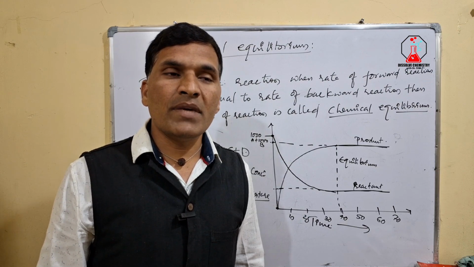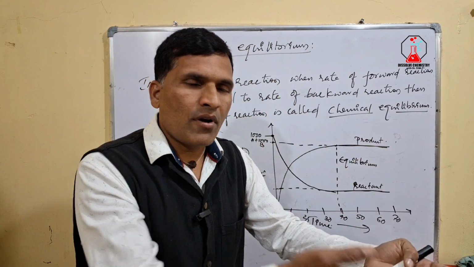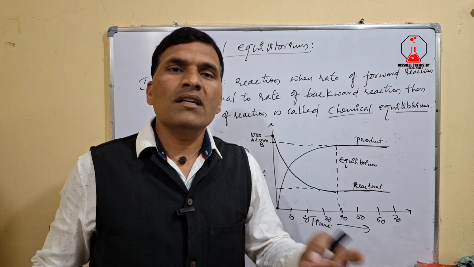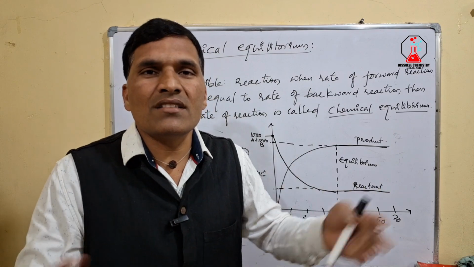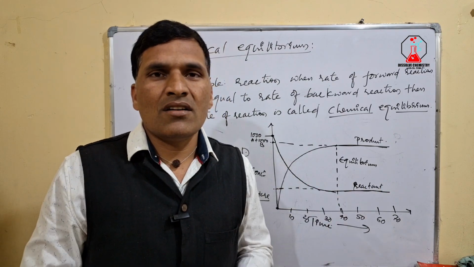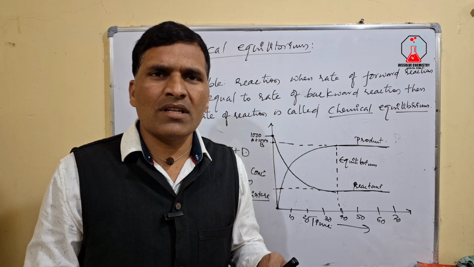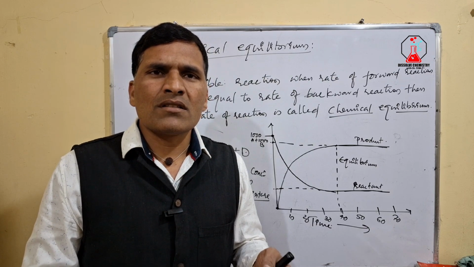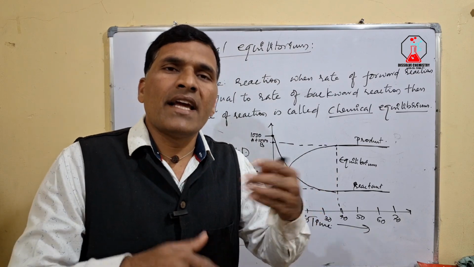Okay, dynamic means there is a continuous conversion of reactant into product, product into reactant. But it happens with the same rate. Because of that reason, we cannot visualize the change, because concentration is not changing with respect to the time after attaining an equilibrium. So therefore, we feel as if it is static, but it is not like that. Dynamic it is.